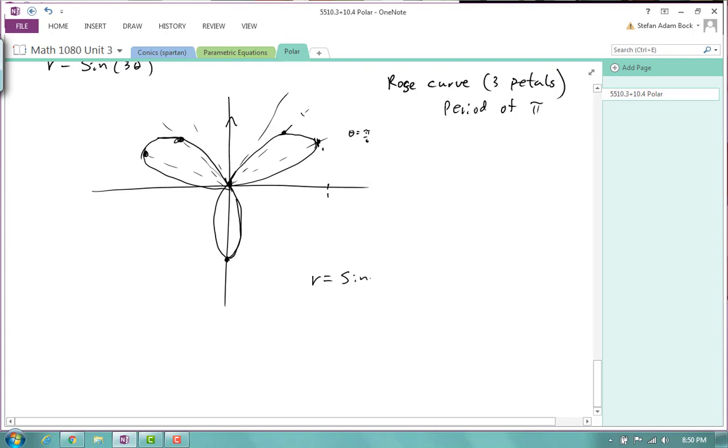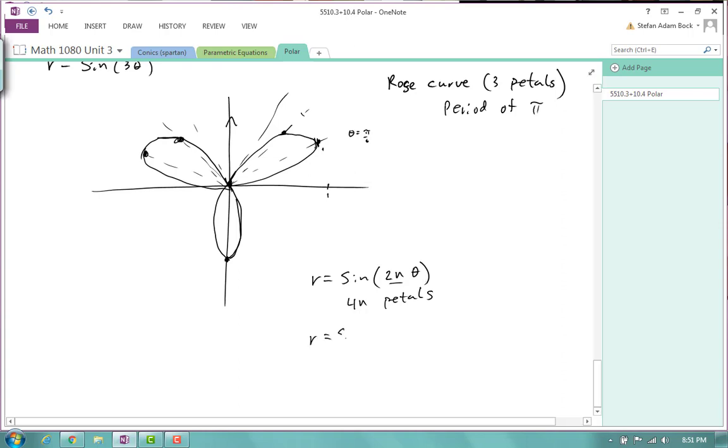If r is equal to sine of 2n theta, so if this number is even, we have 4n petals total. And the period should be 2 pi.